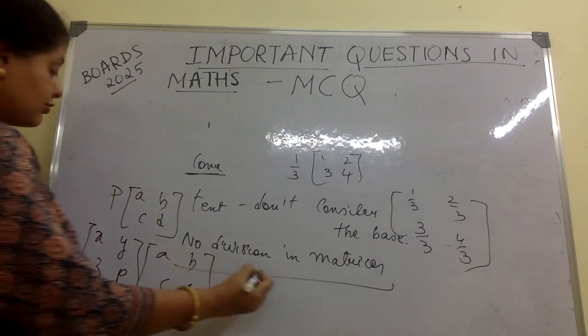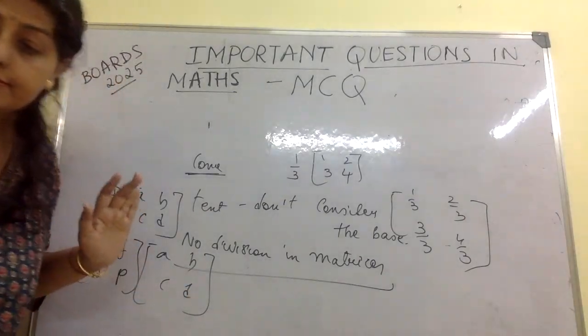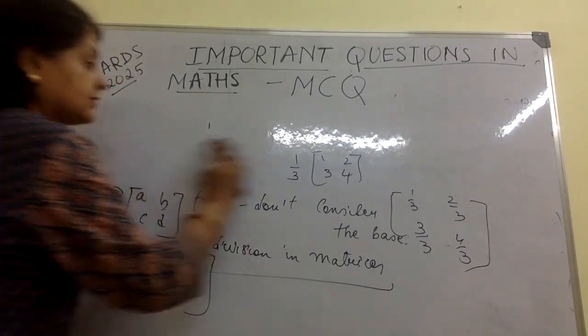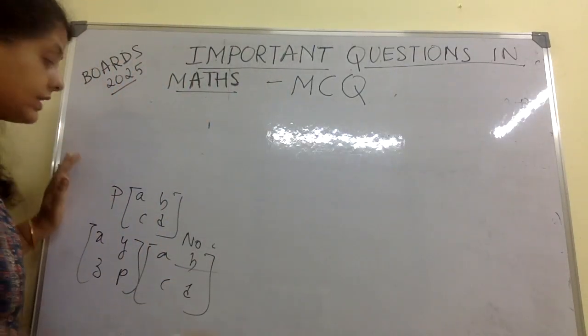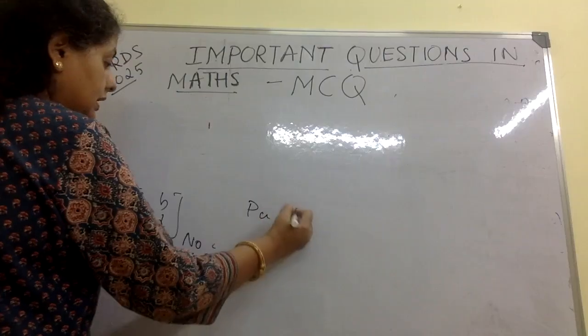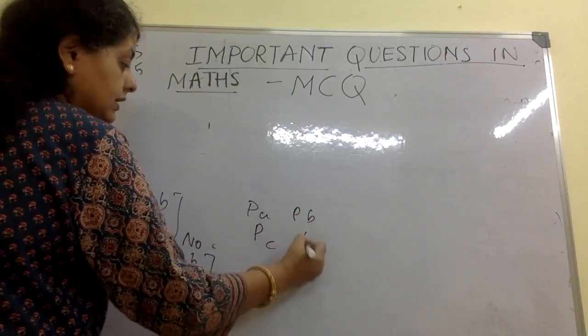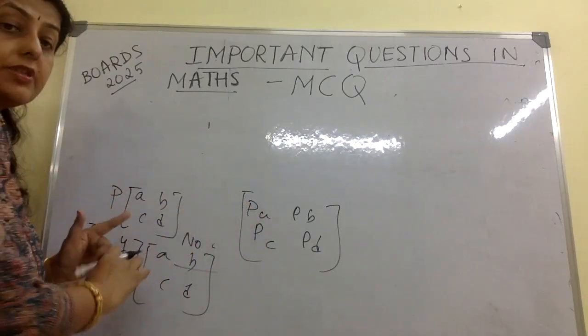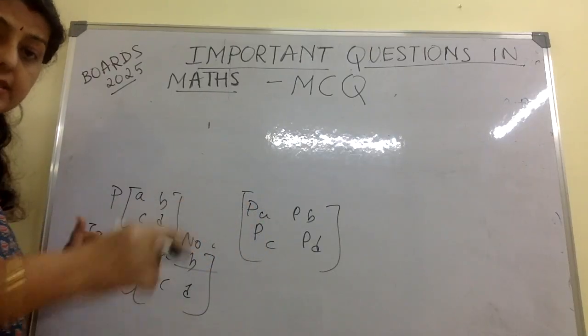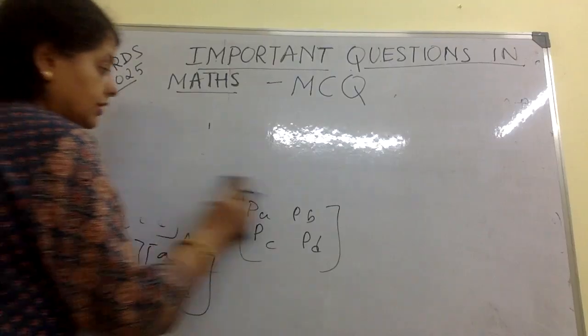In that case, you should write PA, PB, PC, PD. Understand? So this is your next step if they don't mention P to be a matrix. Be very careful, read the question carefully.